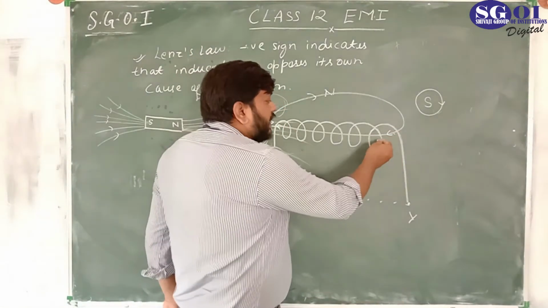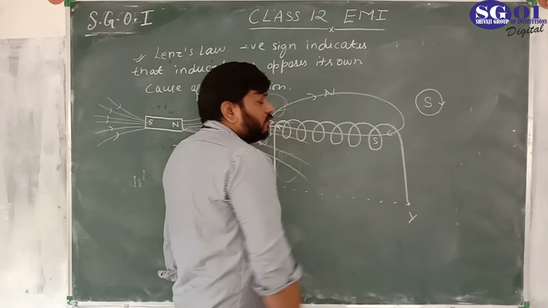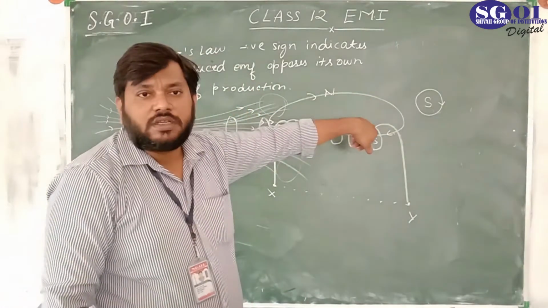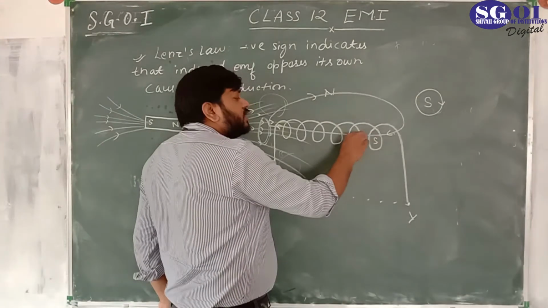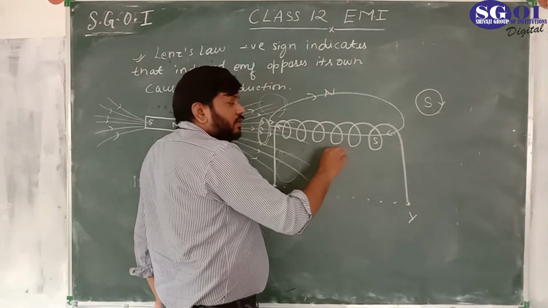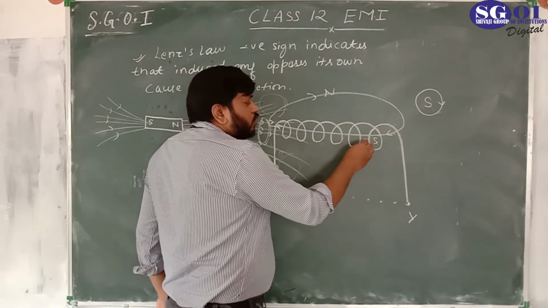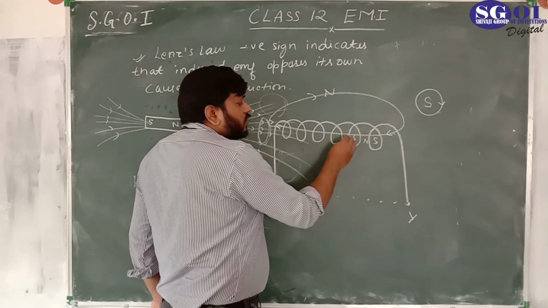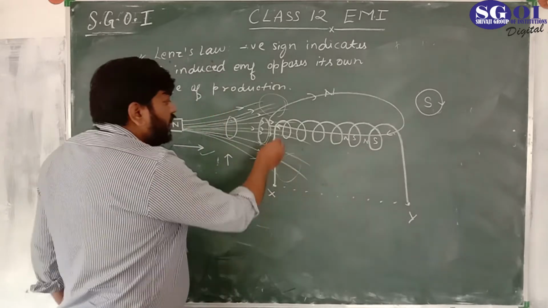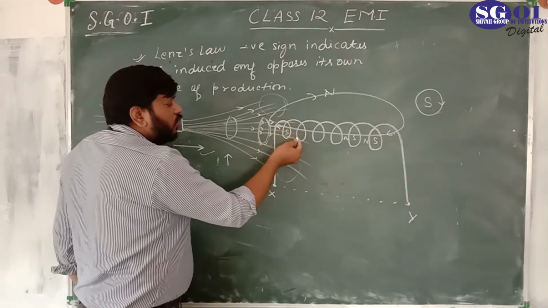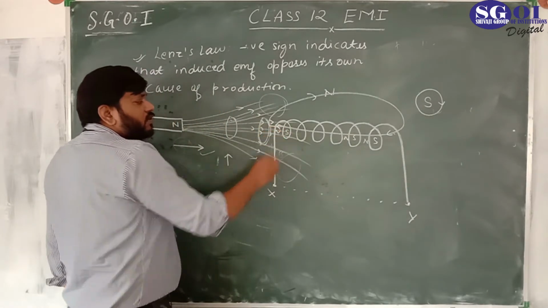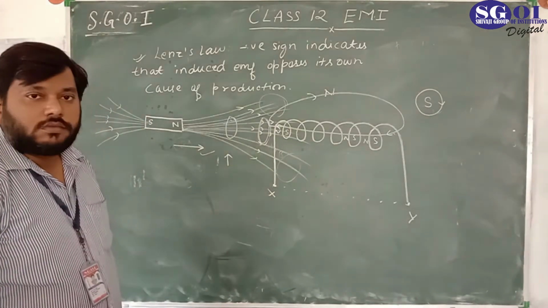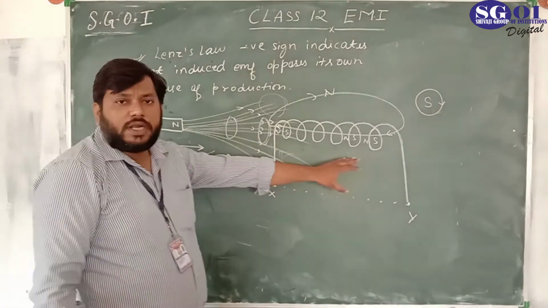It means that face from that side should be south, because we know that in the south pole magnetic field lines enter, and the face just behind this, seen from this side, should be north. So here south, here north; this one south, this one north. In the same way, this face is south and the face seen from here is north. I think you have cleared the polarity of this.